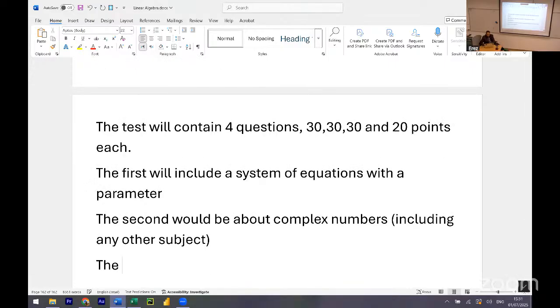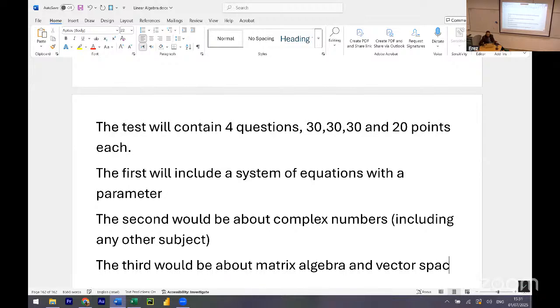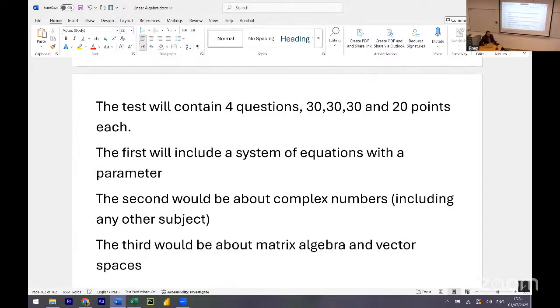The third would be about matrix algebra and vector spaces. A lot about the P of A, R of A, and N of A, the spaces of a matrix.